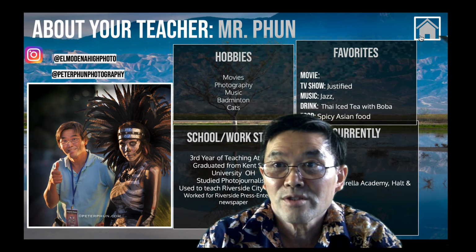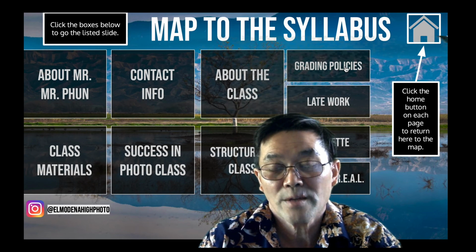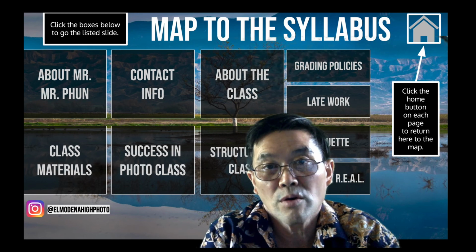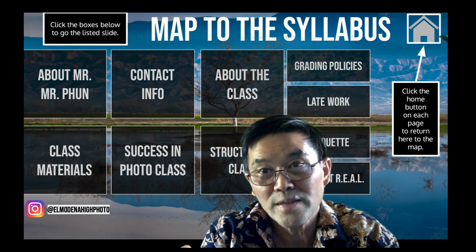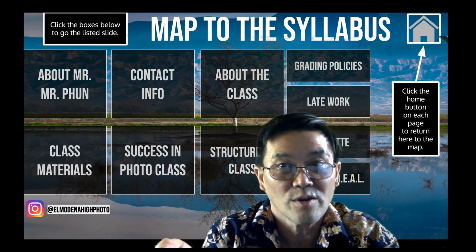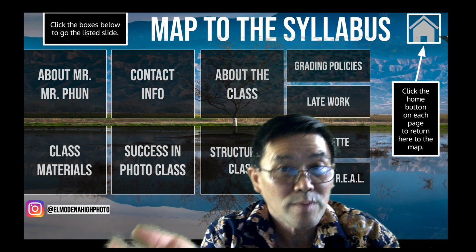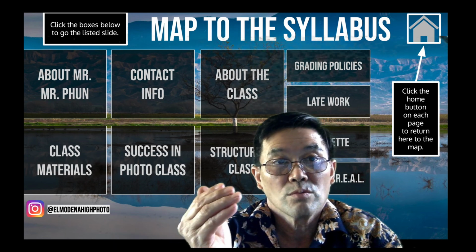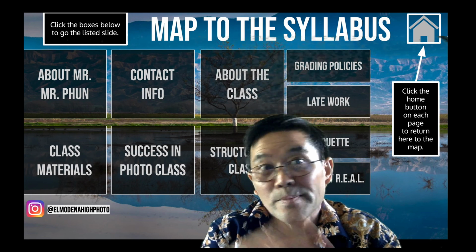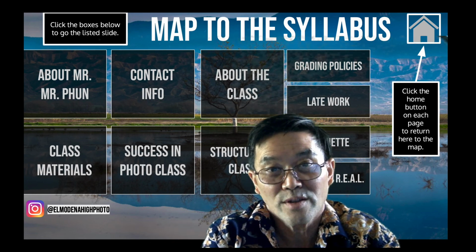I would like to just quickly go over the grading policies in my class. Basically, I emphasize the practical side of photography more than the quizzes and the tests. The quiz and the test only account for 15% of the grade. So it's really very difficult for your student to fail the class unless they don't do the work and don't turn in the work.